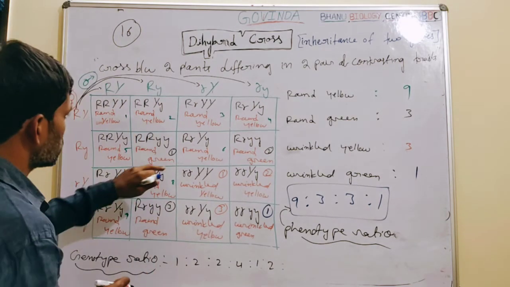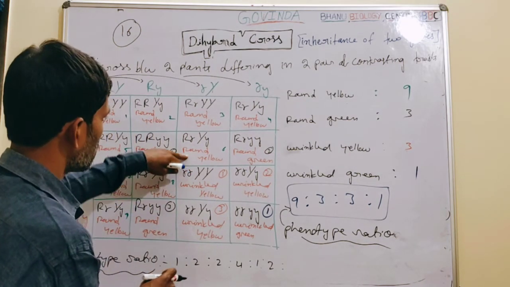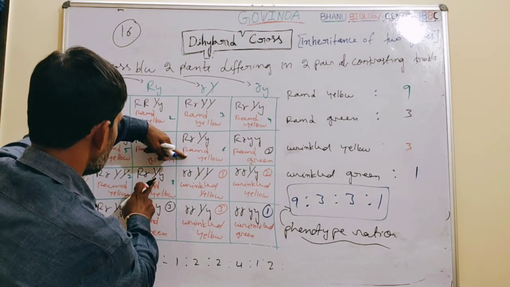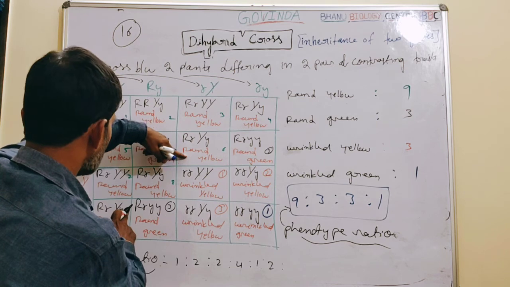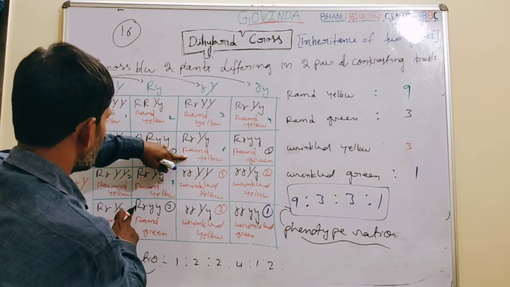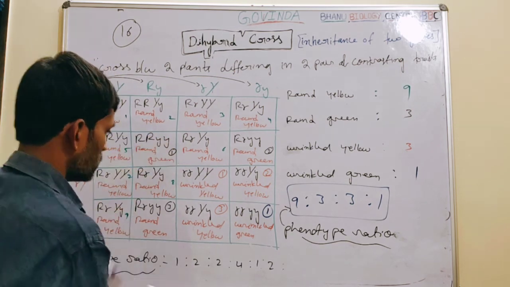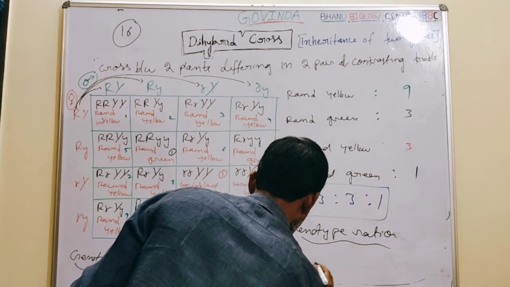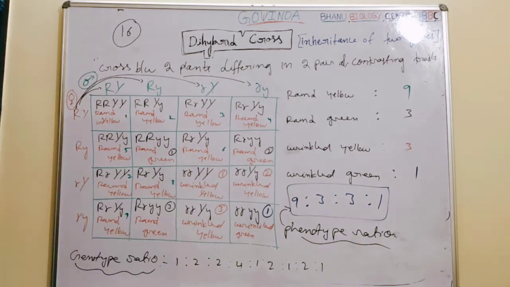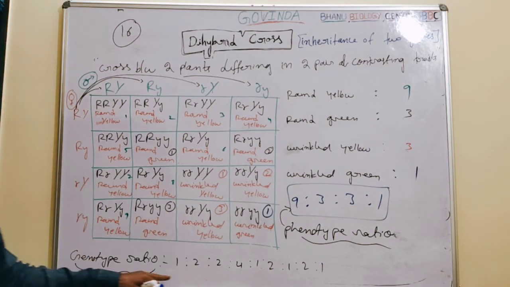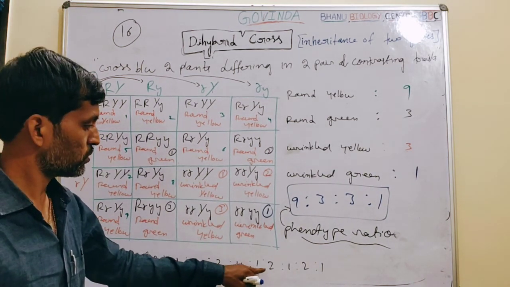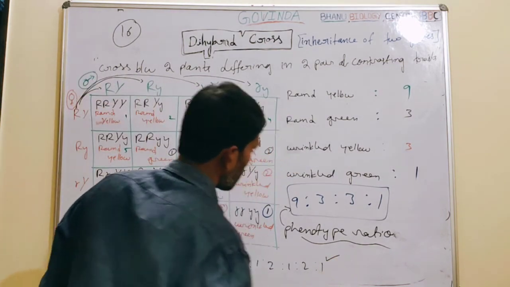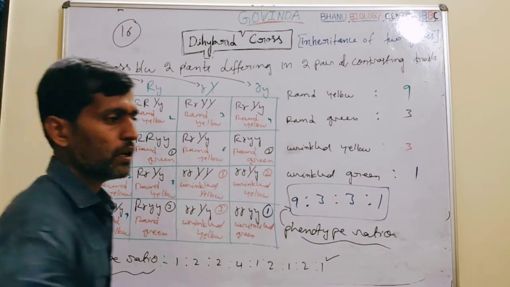Next this one, capital R, capital Y, small y, here is 1, here is 1, 2, so it was finished already. So finally we got 1 in this ratio, right? The genotype ratio of dihybrid cross is 1:2:2:4:1:2:1:2:1. So this is the genotype ratio of dihybrid cross.